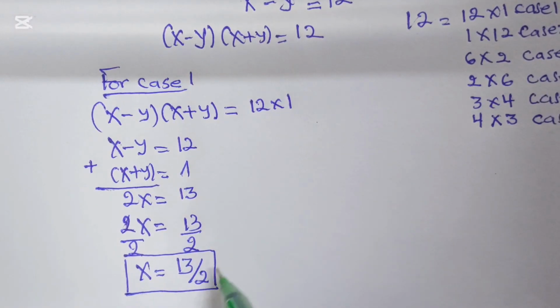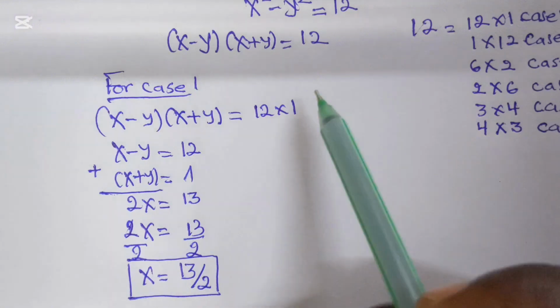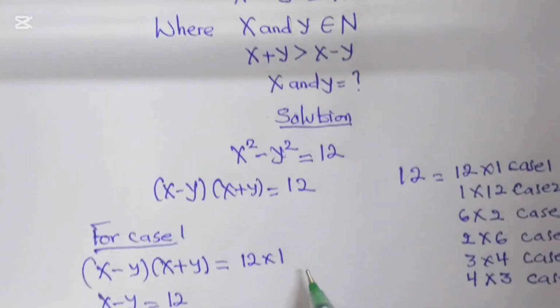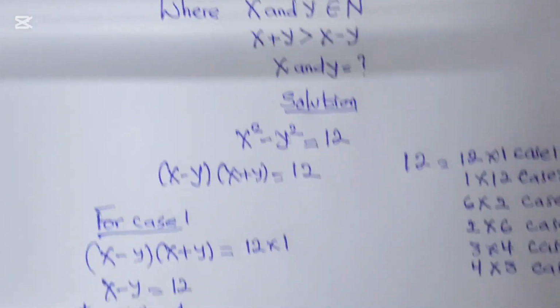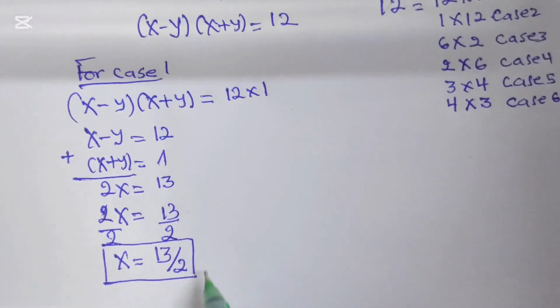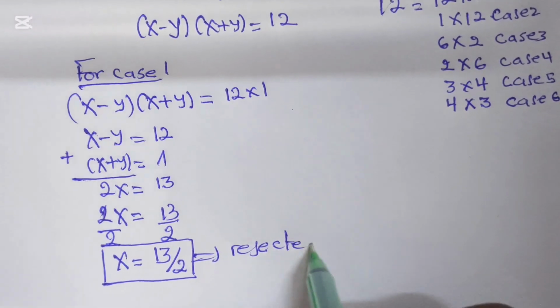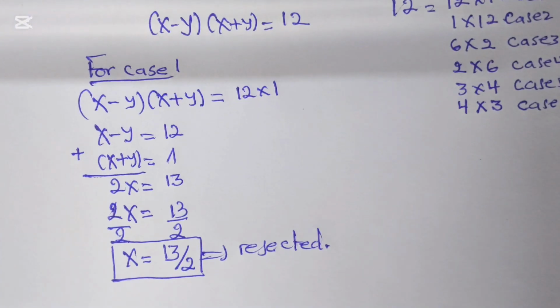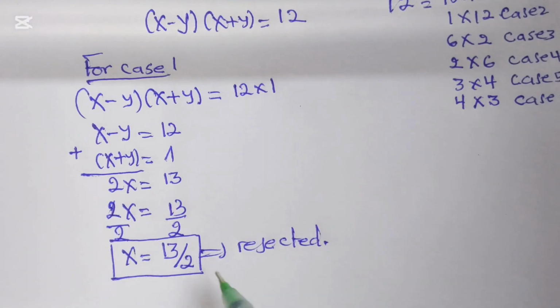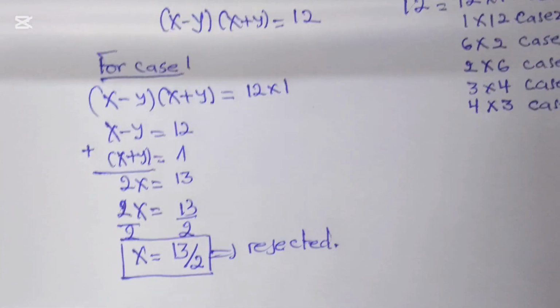This is a fraction, and it is not an element of the natural numbers. Of course, this one will be rejected, because no fraction is included here.